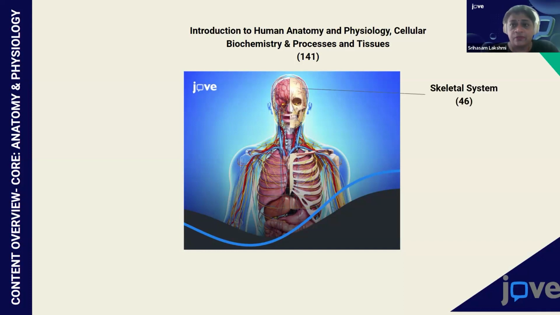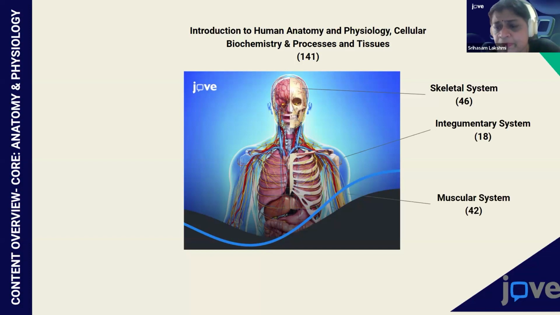And then we have 46 videos on the skeletal system, covering the structure and function of the skeletal system, the types, the subdivisions, the axial, appendicular, and joints. All the videos are there. Then on the integumentary system, the structure of the skin and the various layers of the skin are described.